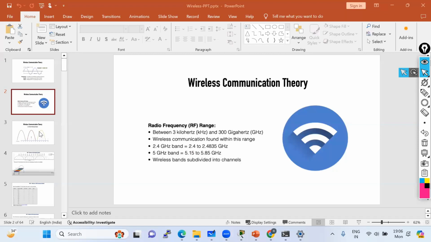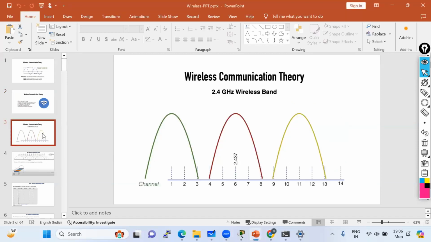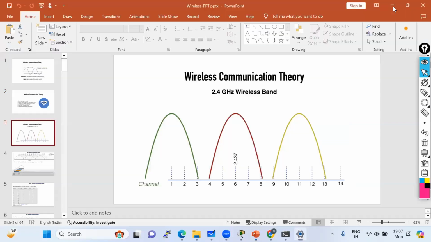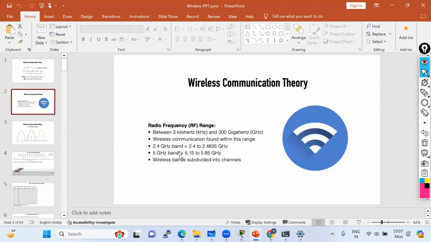So let's suppose I am in one band and I need to communicate. So I need some kind of channel. You can see this PC is connected on channel 44. Similarly, we have different channels which are going to be allocated, right? We have 3 channels in this range, right?